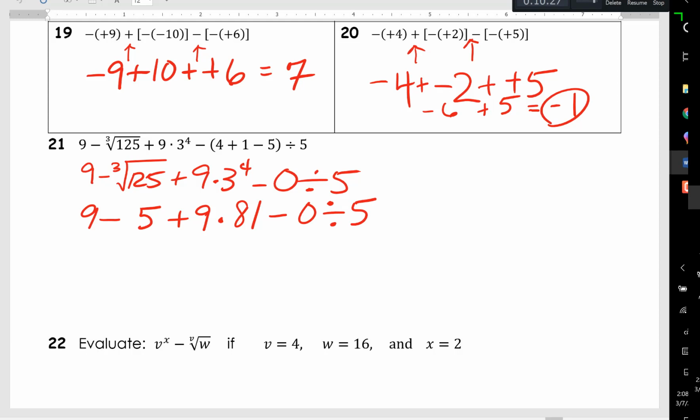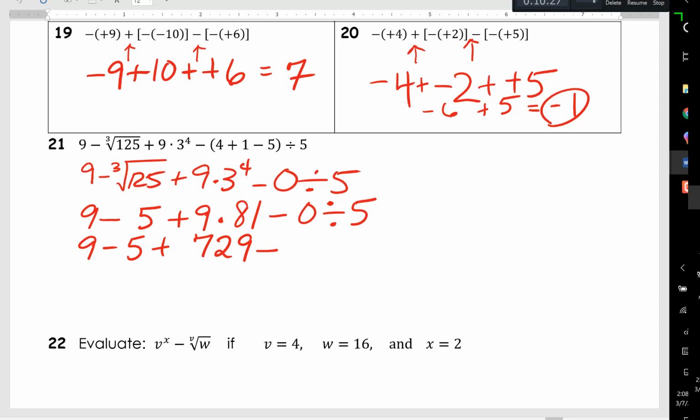Now we need to do our multiplication and division. So this is subtraction, this is addition, but 9 times 81 is multiplication, so we need to do that. 9 times 81 is going to be 729. And then we've got minus, and now we have division over here.